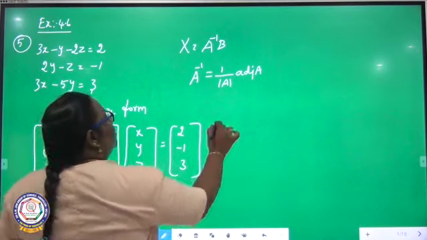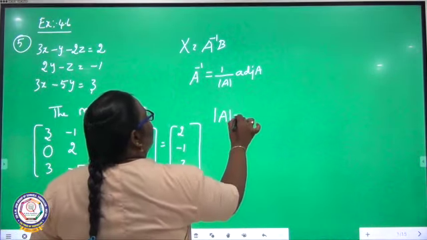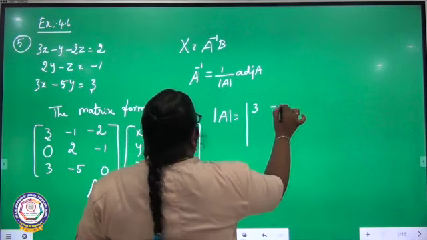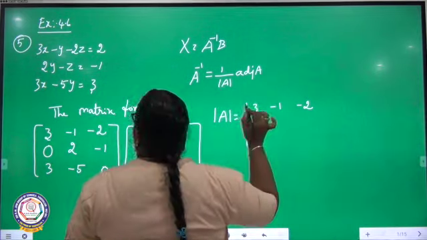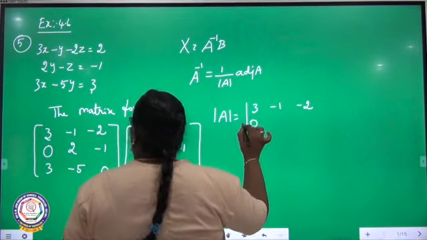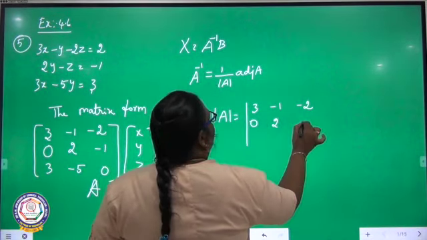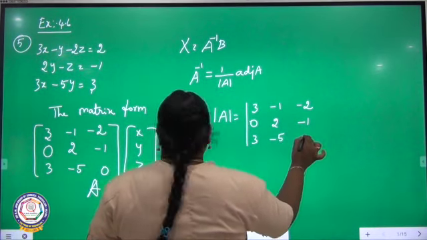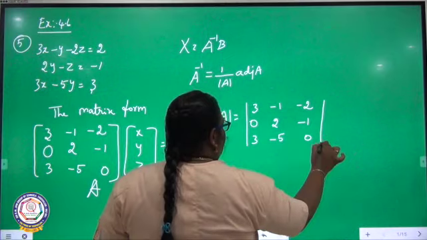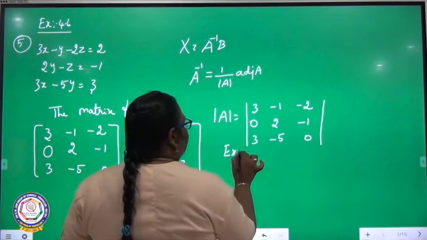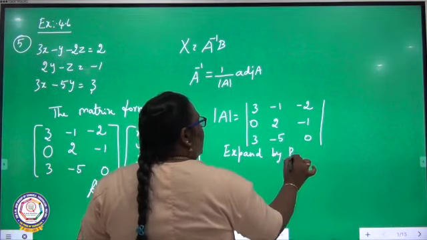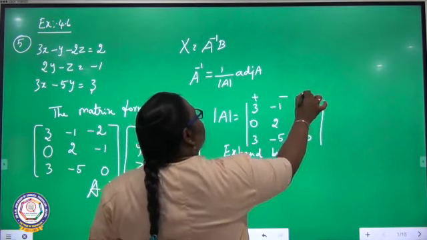First we will find out determinant of A. Determinant of 3, minus 1, minus 2, 0, 2, minus 1, 3, minus 5, 0. Expand by R1, plus minus plus.